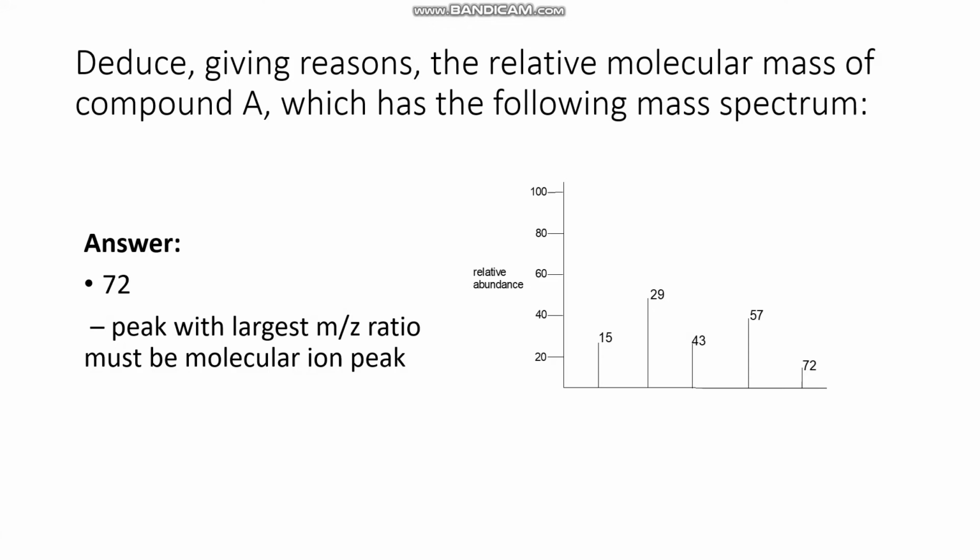So the peak with largest m/z ratio must be the molecular ion peak. So largest m/z means always in the last part of the x-axis, and here it is 72, so the answer is 72 to this question.